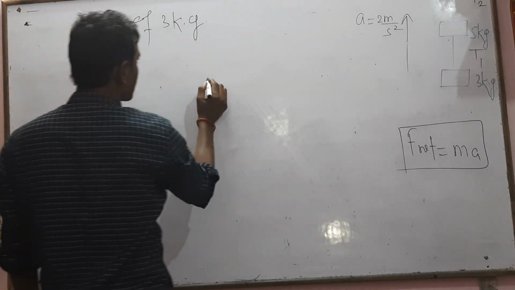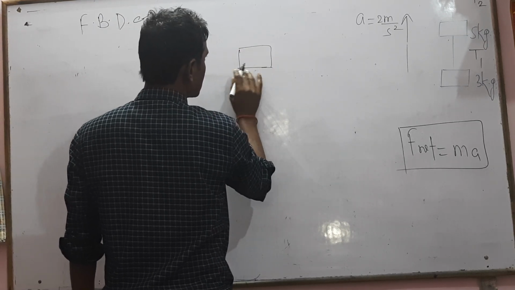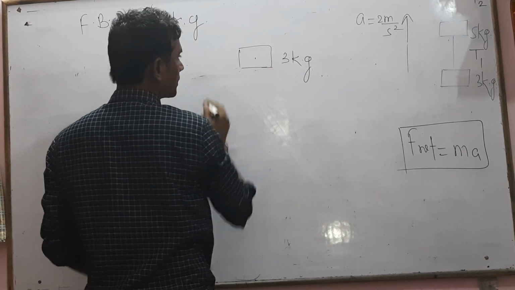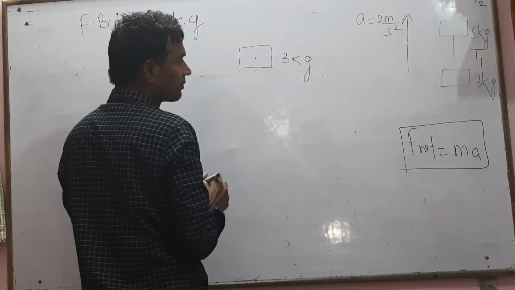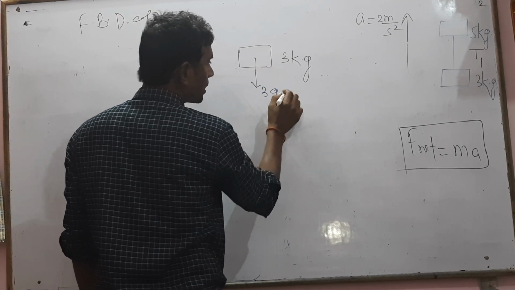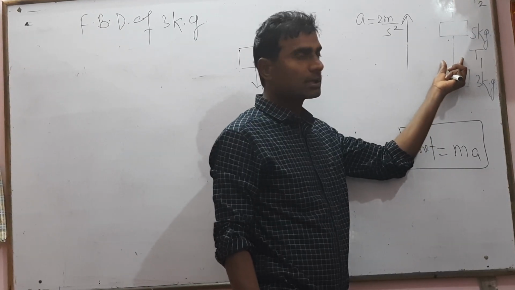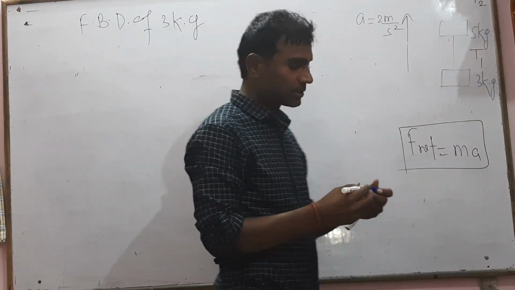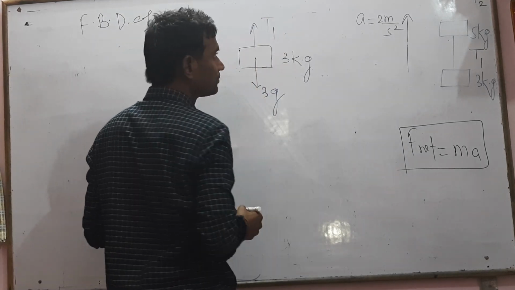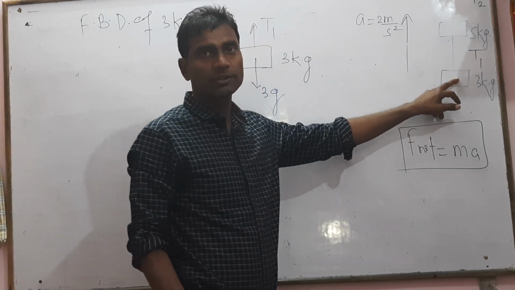FBD of 3 kg is what? Let us suppose this is the 3 kg mass. The mass is 3 kg and weight is 3g, and for this 3 kg mass one string is attached. In this string tension T1. So for 3 kg mass, two forces will act.